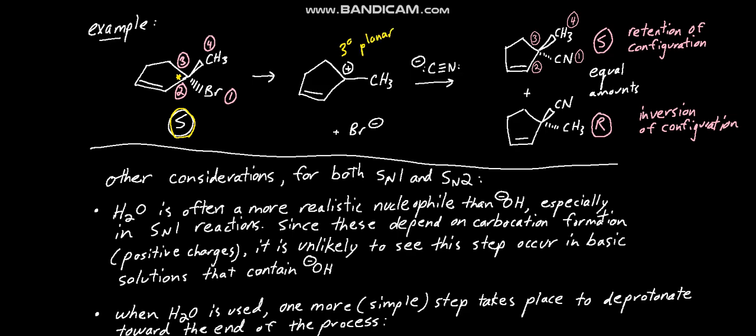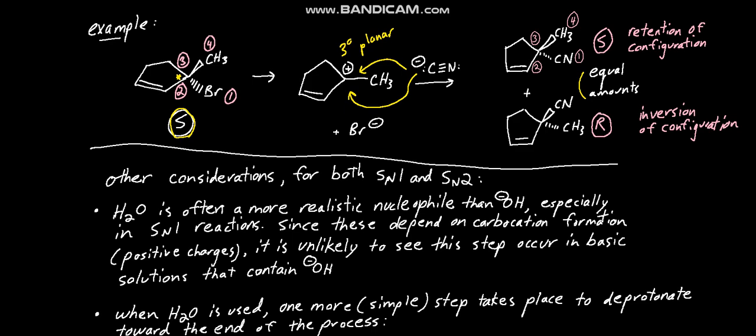Let's say we introduce this carbon nucleophile. It can bond with equal likelihood, since this is flat, top or bottom face, either or, not both at the same time, obviously. This will lead to a 1-to-1 mixture, equal amounts, of the S and R enantiomers, right?